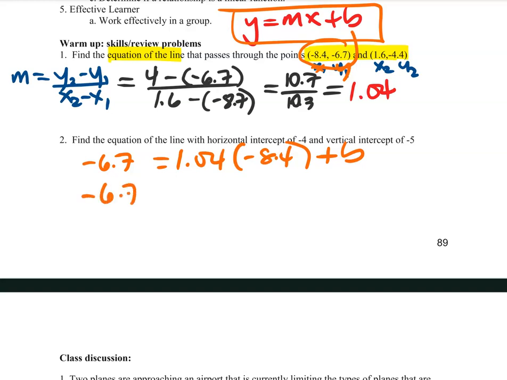So negative 6.7 equals, if you multiply the slope and negative 8.4, that is negative 8.736 plus b, and add 8.736 to both sides.